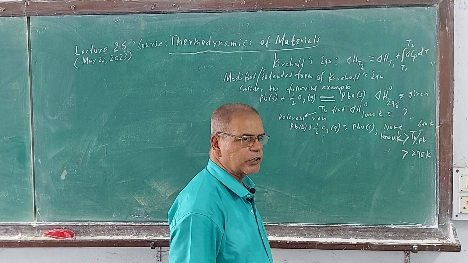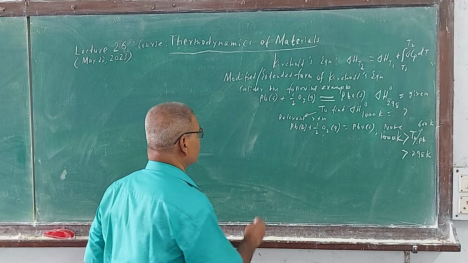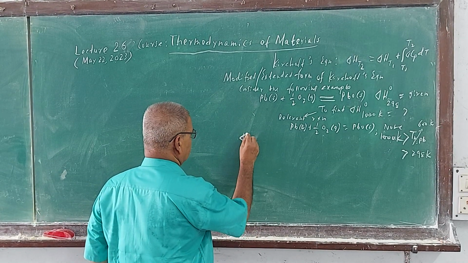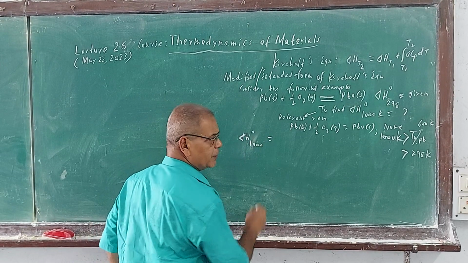So how to modify Kirchoff's equation? It is again from one temperature to another temperature. I am writing for you delta H0 1000. You proceed in the same way.